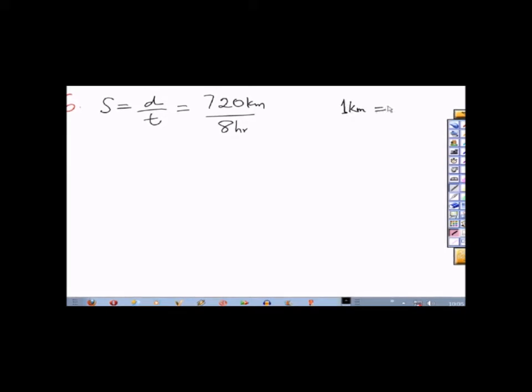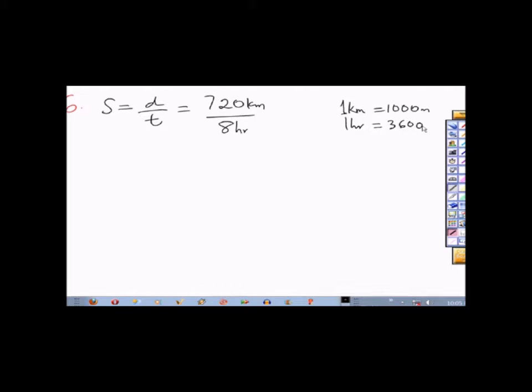Remember that we have 1 kilometer giving us 1,000 meters. Everybody knows that. And 1 hour is 3,600 seconds.